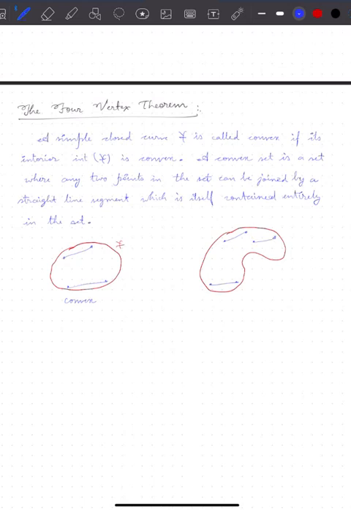But when we connect this and this by a straight line, this portion of the straight line is not contained in the set, the interior of gamma vector. So this is not convex.